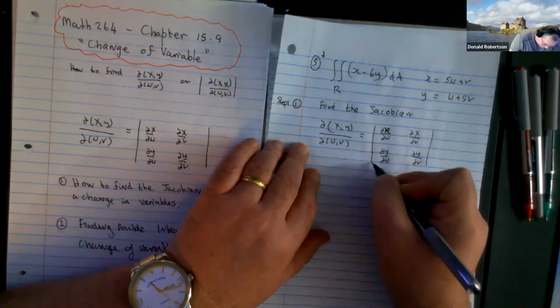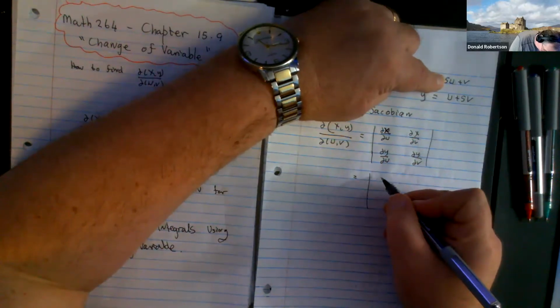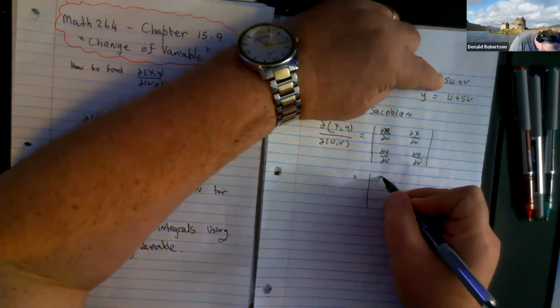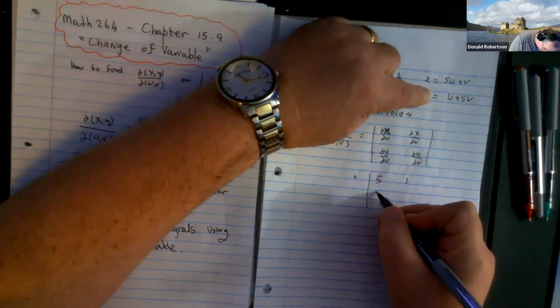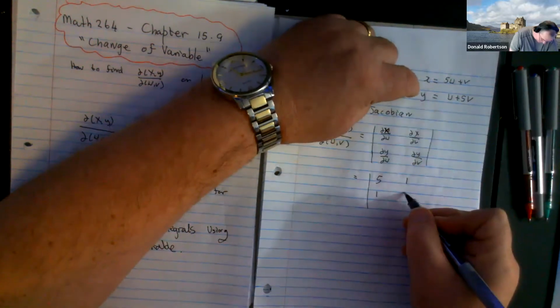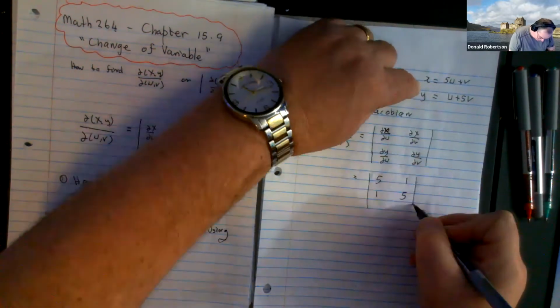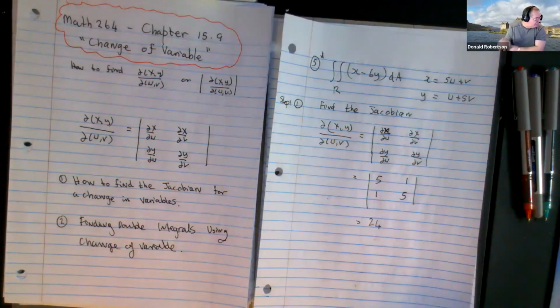With respect to u, you get 5, and with respect to v, you get 1. With respect to u, you get 1, and with respect to v, you get 5. And that gets you 25 take away 1 is 24. And since that is positive, I'm really happy. Agreed? I don't need to worry about changing anything.